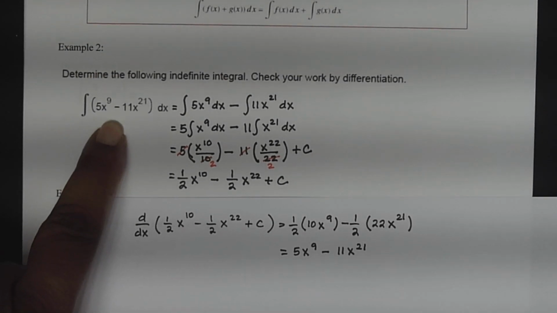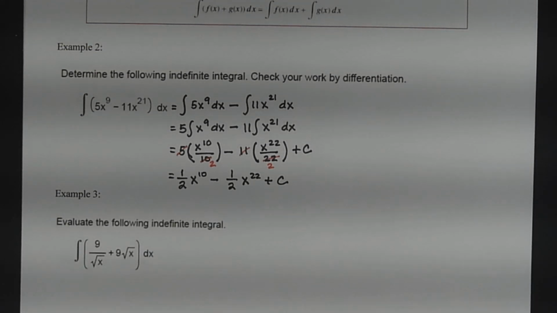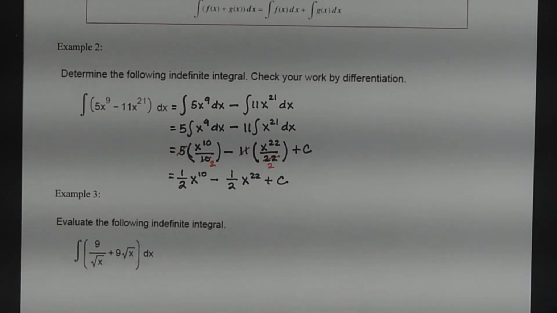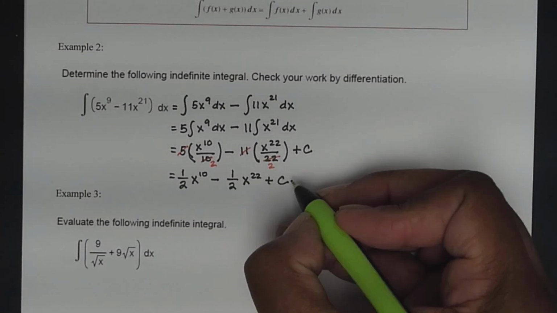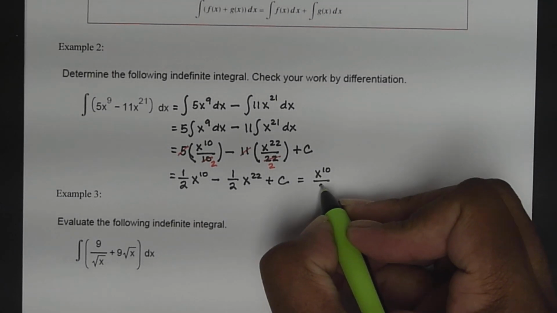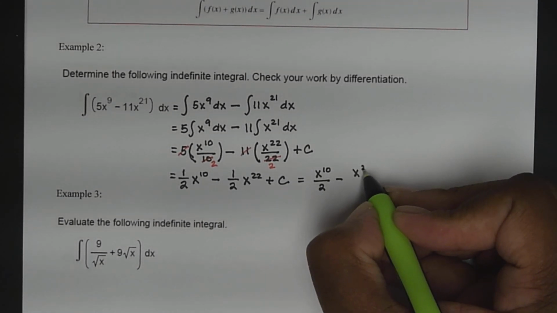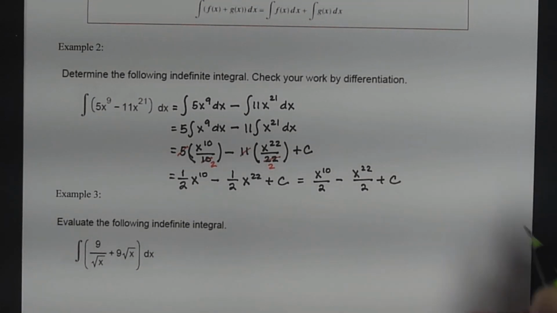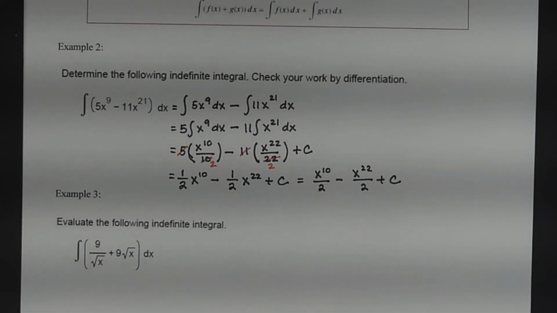So that tells me I have successfully taken the integral of that expression, which is 1/2 x to the 10th minus 1/2 x to the 22nd plus c. Or they might want it like this: x to the 10 over 2 minus x to the 22nd over 2 plus c.